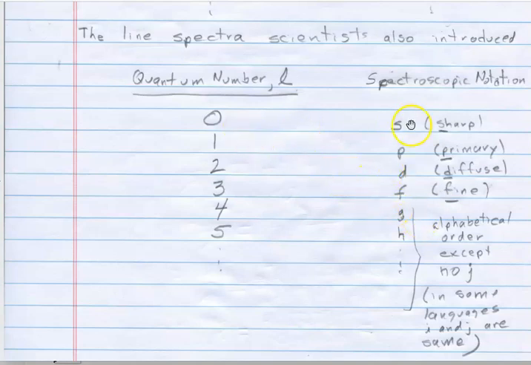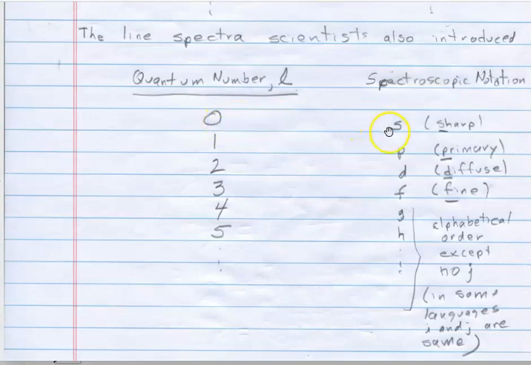So they first just started calling them sharp, principal, diffuse, fine, but then abbreviated that to S, P, D, and F. After that, they didn't name anything, but they match up, as I'm sure you know.